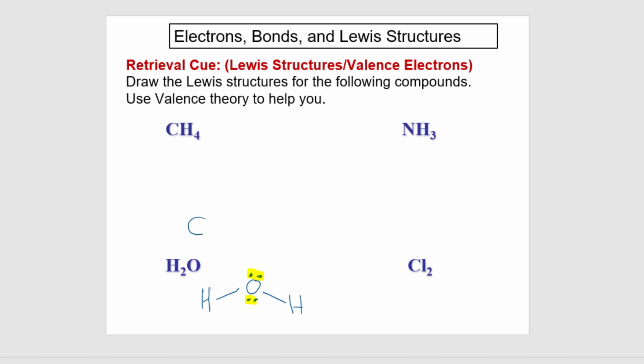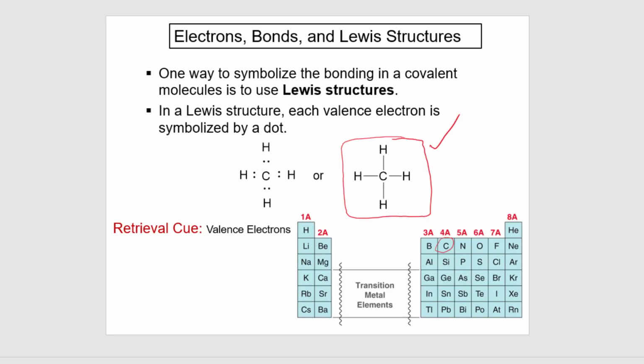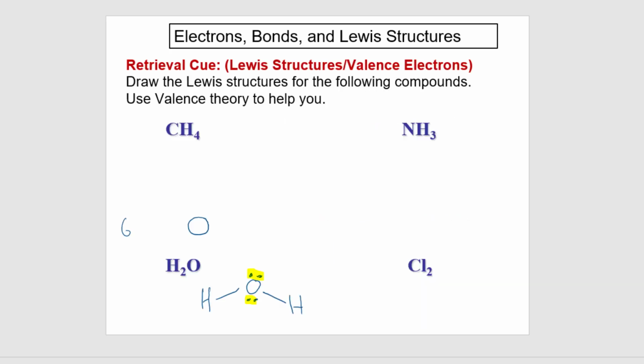If you look back at the periodic table, oxygen has 6 valence electrons because it's in group 6, okay? So this is where the periodic table is going to be able to help you. 1, 2, 3, 4, 5, 6.